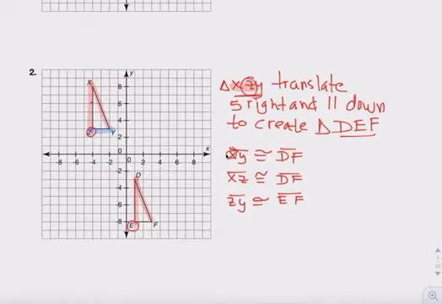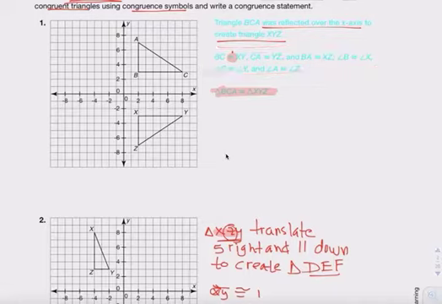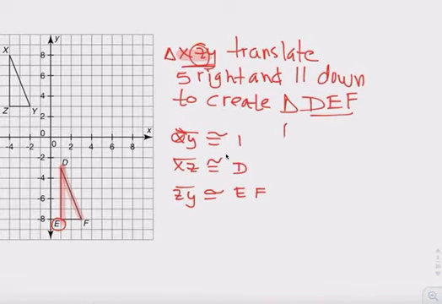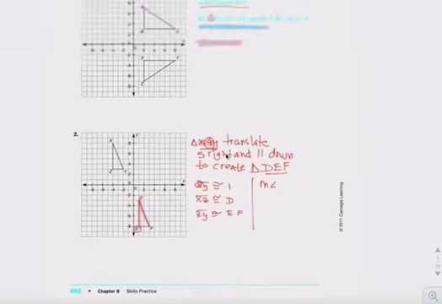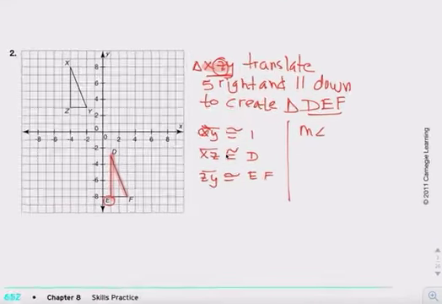Now that's the sides. We can do angles now. Did they do angles here? Yeah, see right here is their angle. I like to write it side by side. Here's my angle. They didn't put measure of angle, they just put angle.